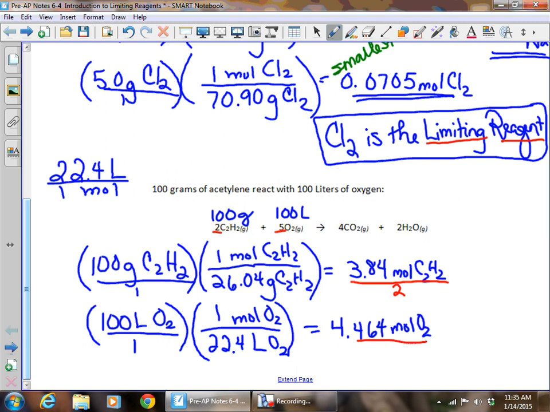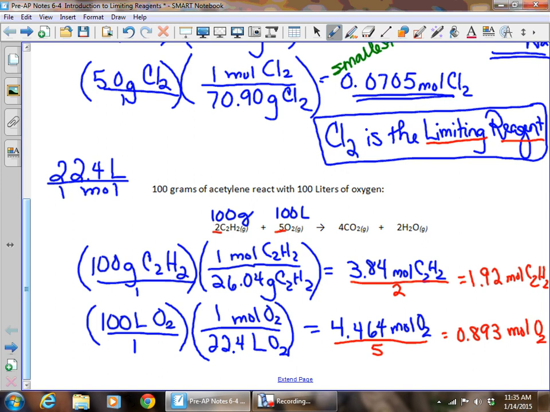We've got to divide oxygen by 5. And when we do, we get 1.92 moles of C2H2 and 0.893 moles of O2.